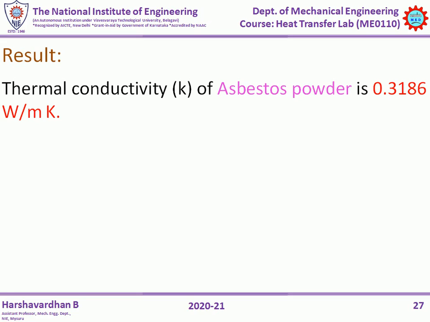So you can give different voltage and current to the electrical heater which is in contact with the inner sphere, and you can go for knowing the effect of heat input onto the conductivity of the insulating material, because as we go for providing more heat input for the inner sphere, the temperature of the insulating material is going to be increased. So what is going to be the effect of temperature on the thermal conductivity can be known by repeating the experiment at different heat inputs.